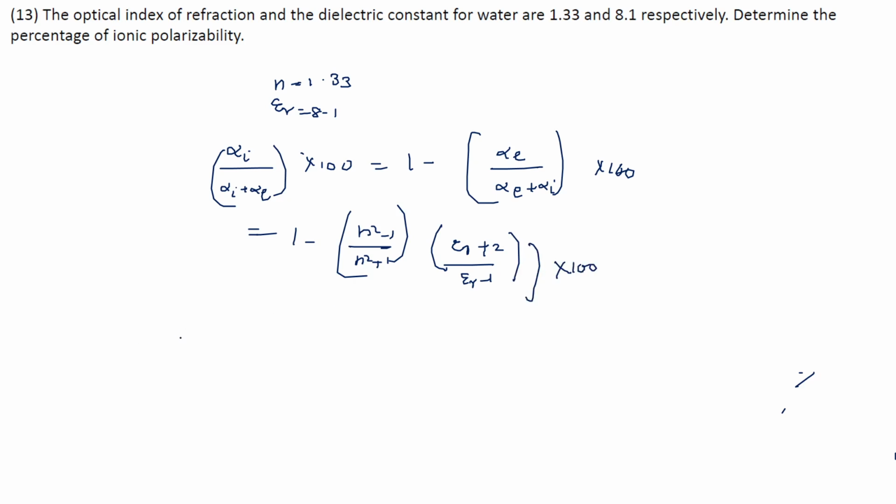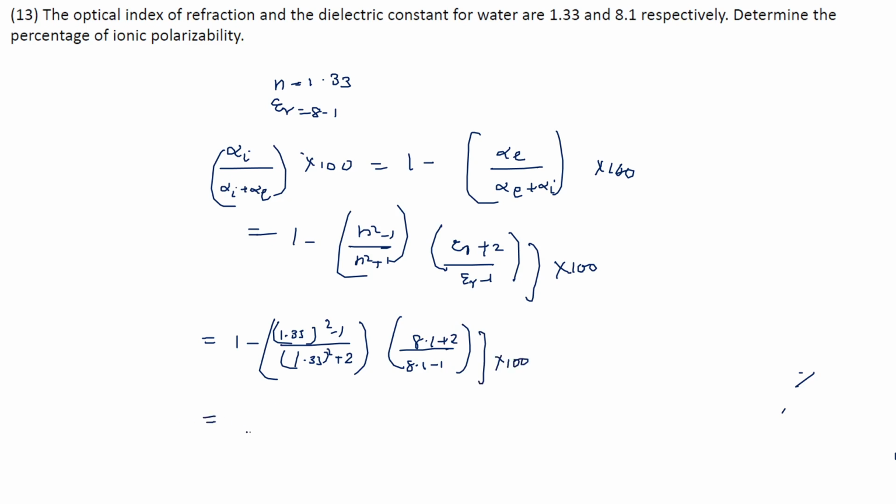Okay, so we can write it as, substitute all the values. So 1.33 square minus 1 divided by 1.33 square plus 2 into 8.1 plus 2 divided by 8.1 minus 1 into 100. Then you will get the answer for this.